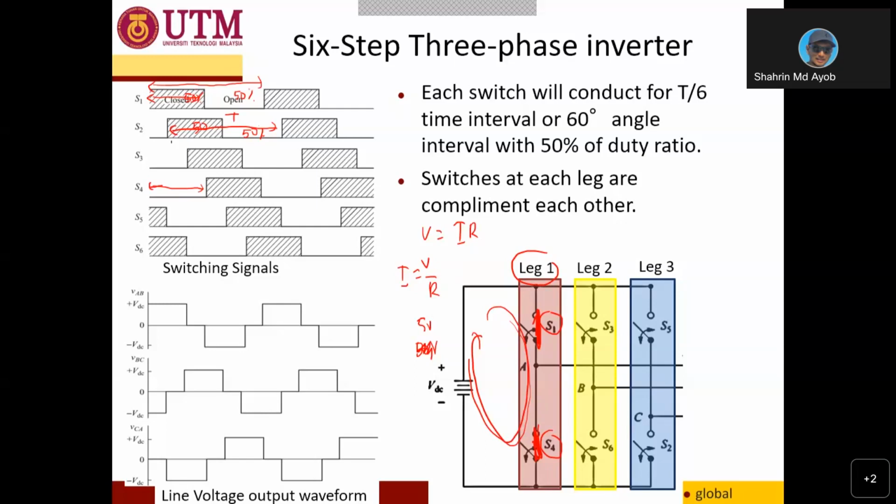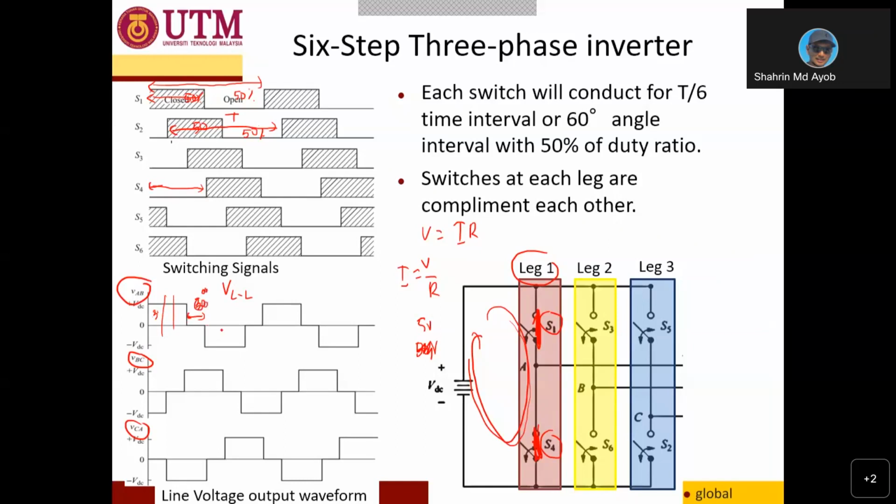Okay, so this is the output voltage. As you can see, this is VAB, VBC, and VCA. So this is your line-to-line voltage. And as you can see, between this is 30 degrees, because actually every segment's time interval is 60, sorry.